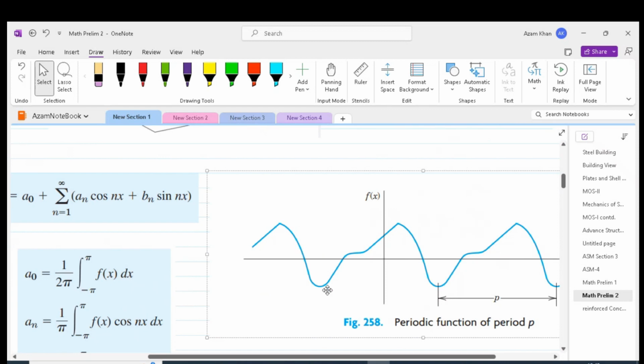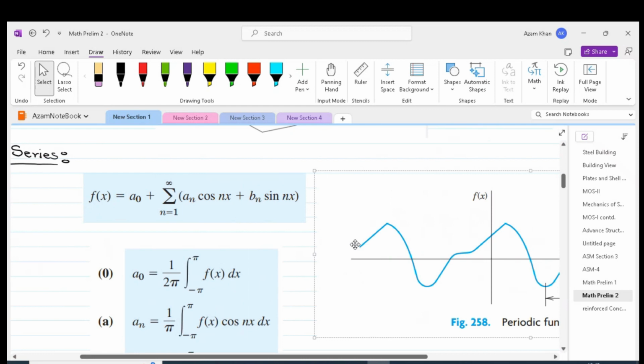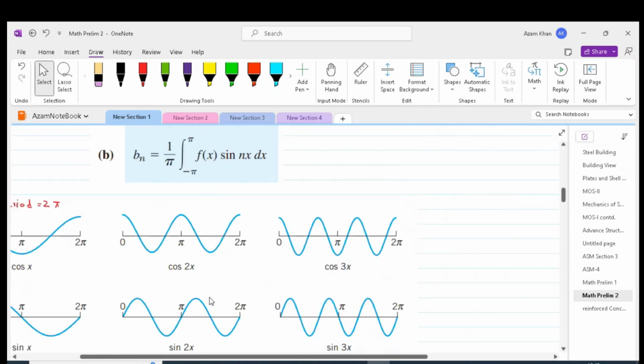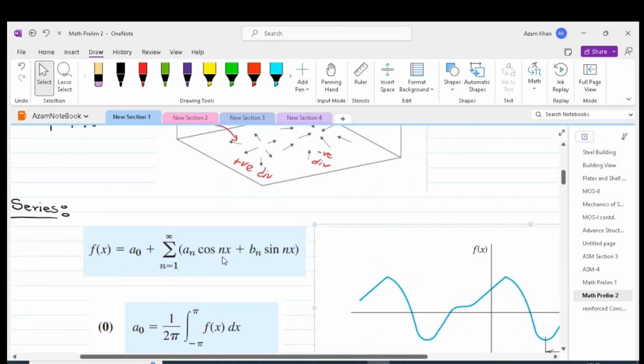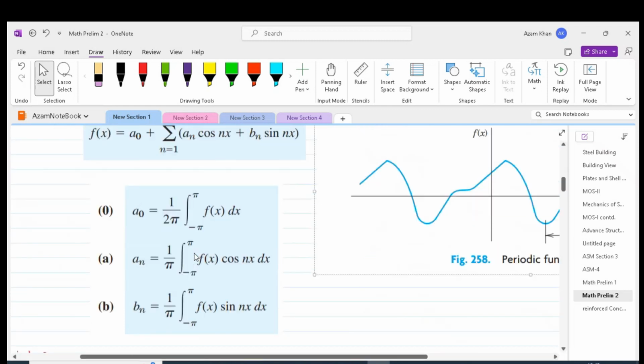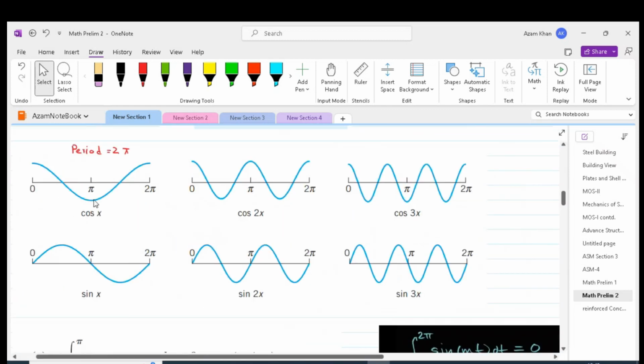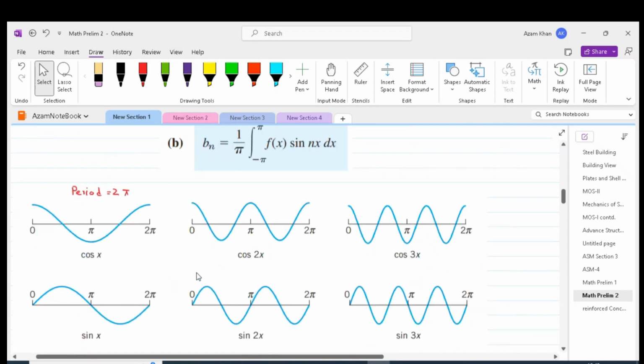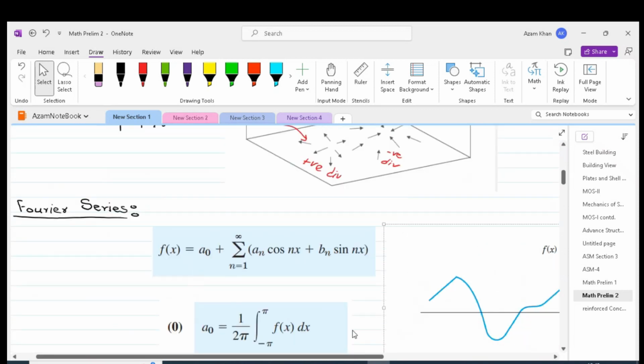So this function, which is periodic, will be made equal to the average value of this function plus a series of cosine and sine waves shown over here. These weighting factors will tell us how much proportion of these trigonometric functions will contribute towards this unknown function.